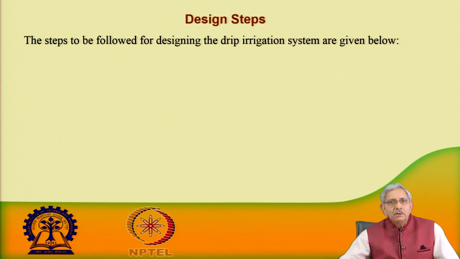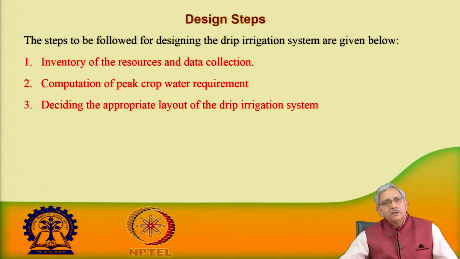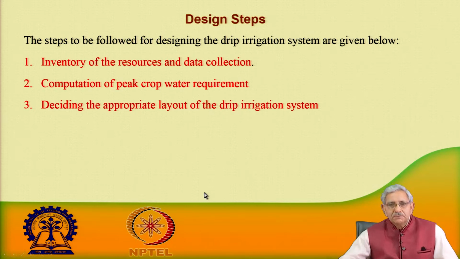Now, what are the different steps one should follow when we are taking the design of micro irrigation system. So, the first thing is that one should make the inventory of resources. What are the resources?